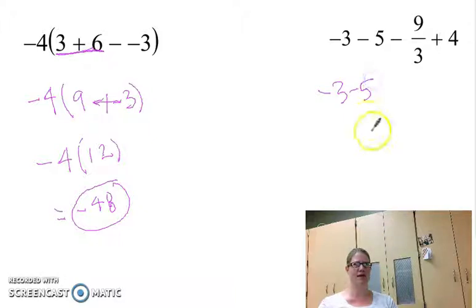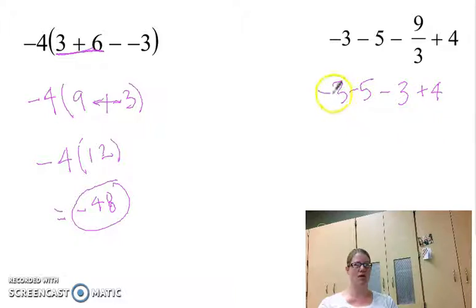So I have negative 3 minus 5, and then 9 over 3 is going to give me a minus 3, because 9 divided by 3 is 3, and then I have plus 4. So now I have nothing left here. I have no parentheses, no exponents, no multiplications, no divisions. It's just addition and subtraction, and again I'm going to work from left to right.